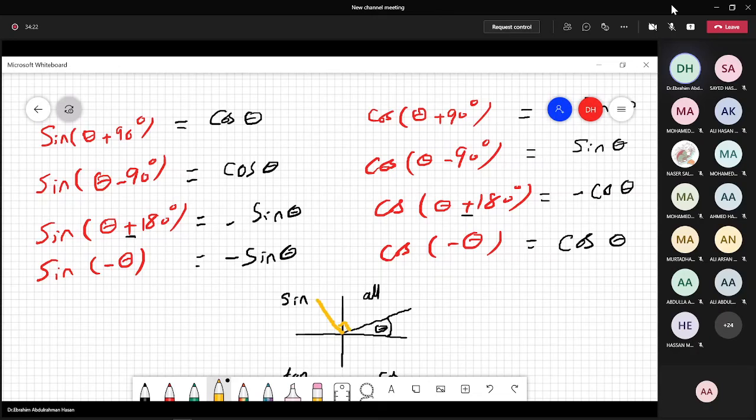From here to here, I become right angle. And we know that theta plus 90 will be here. And here, sine will be positive. فهذه بتكون positive. Yes. So cosine theta is equal to sine theta plus 90. So positive, huh?